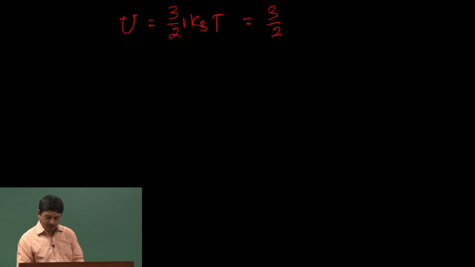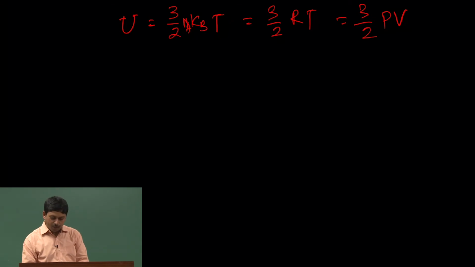So, what is the internal energy of the system for an ideal gas? Can you tell me? The internal energy of an ideal gas is 3/2 k_B T, or for 1 mole, 3/2 N_A k_B T, or 3/2 RT. So, 3/2 RT is 3/2 PV, right.